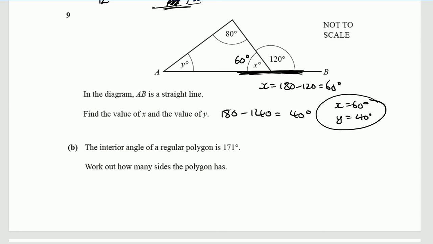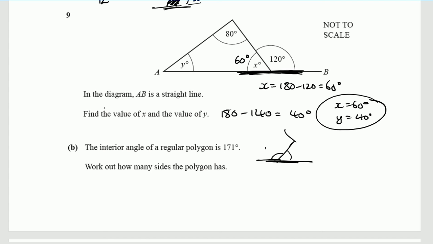Next question. The interior angle of a regular polygon is 171 degrees. I want to work out how many sides the polygon has. Now once again I'm going to use the exterior angles because it's a very useful rule. Remember, whatever my polygon is doing, my exterior angle out here and my interior angle in here are on a straight line, so they add up to 180 degrees.